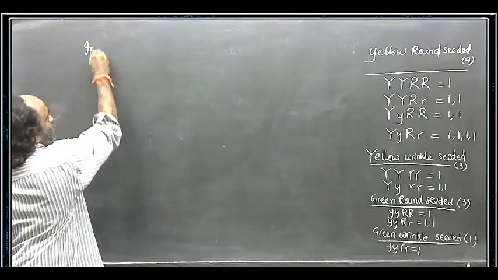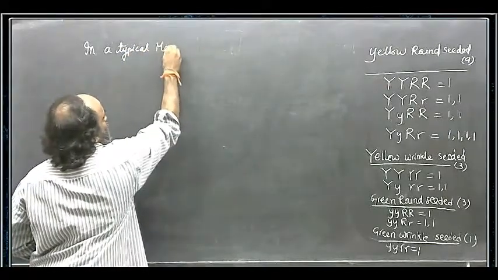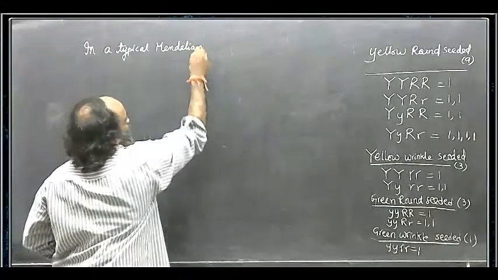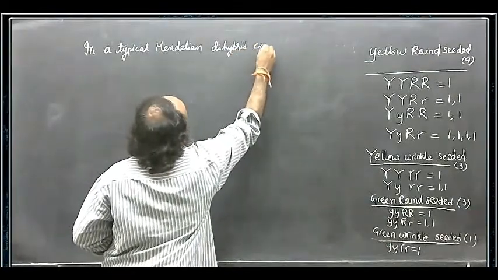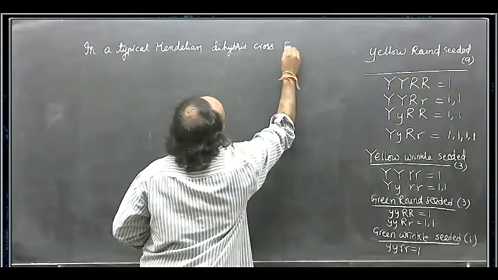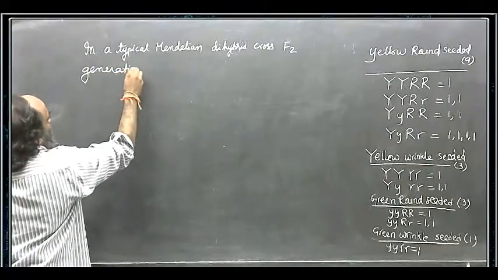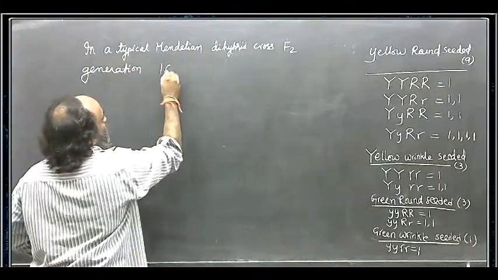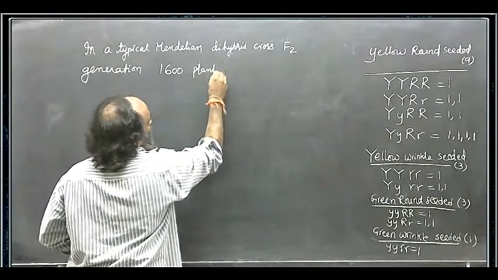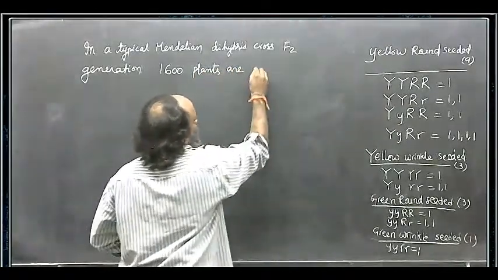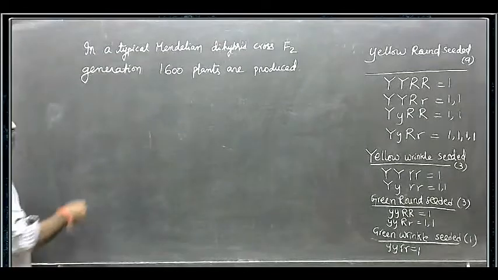In a typical Mendelian dihybrid cross, F2 generation, 1600 plants are produced. 1600 plants are produced.